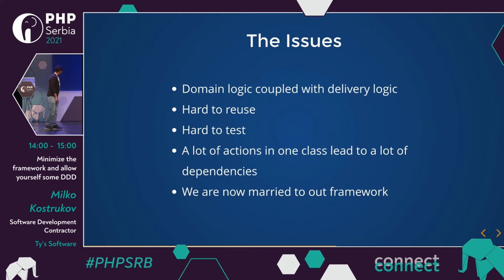When we have a lot of actions in one class, and I'm referring to these big controller classes that have different actions bounded to different routes, but existing in one controller class, what happens is, the bigger the controller gets, the more dependencies it needs to get injected. Why?